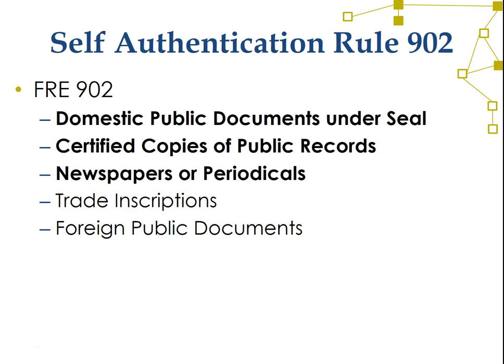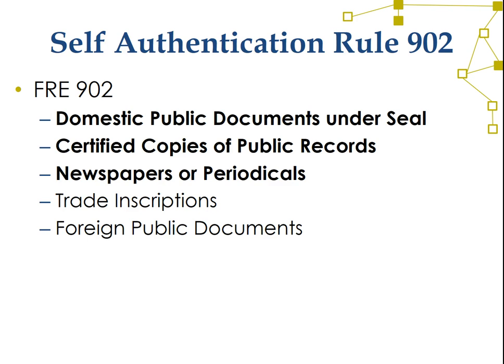So under Rule 902 that we talked about, there's 12 types, and I'll list them all, but we're only going to really focus on a few because there are just, again, so many, and I don't want to spend the time on going all over everything. So domestic public documents under seal, so sealed government documents.